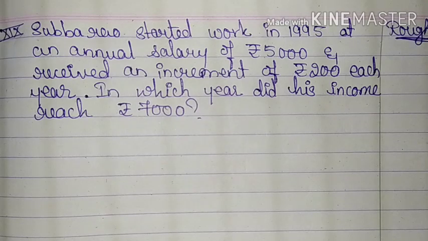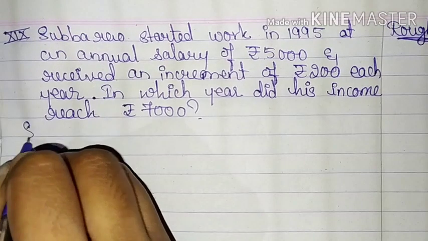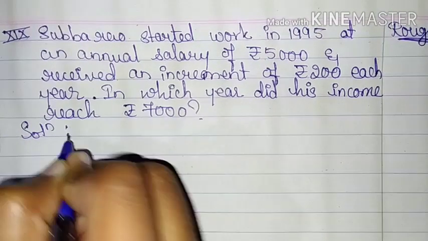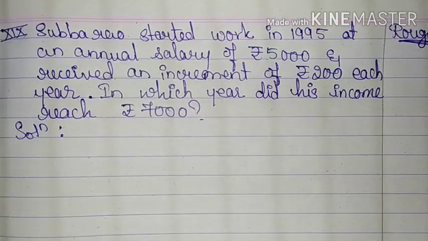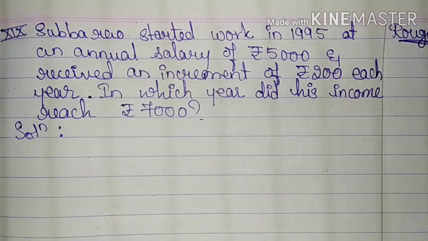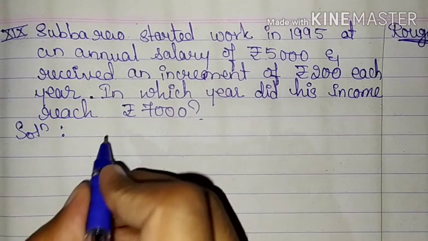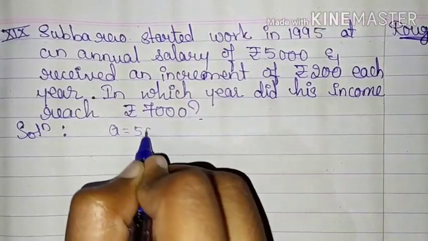So he received an increment of rupees 200 each year. In which year did his income reach rupees 7,000? So here what they have given us is the first term A and the common difference D, and also the last term AN, and they have asked us to calculate the value of N. That is, A is equal to 5,000.